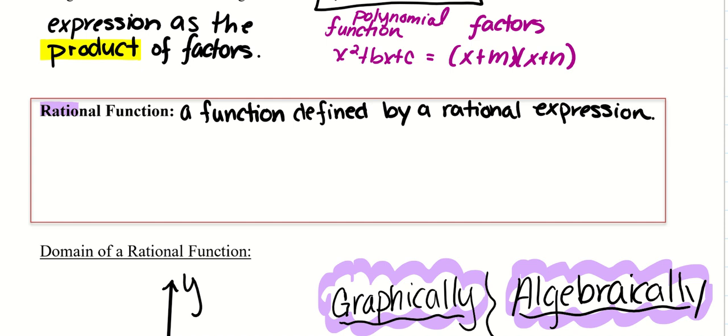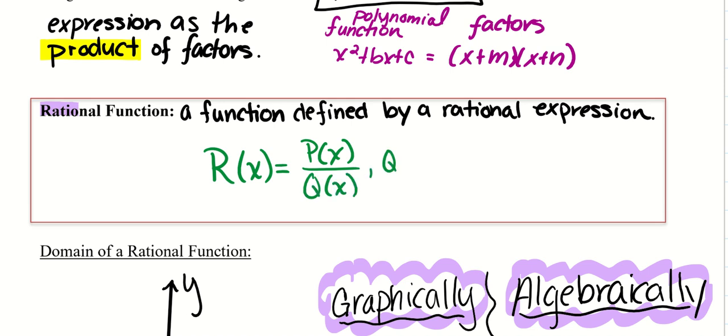In terms of what we're looking for with these polynomials, the way we represent this is r of x, which means our rational function is the ratio of p of x to q of x.